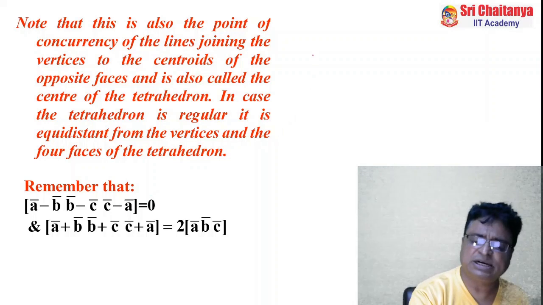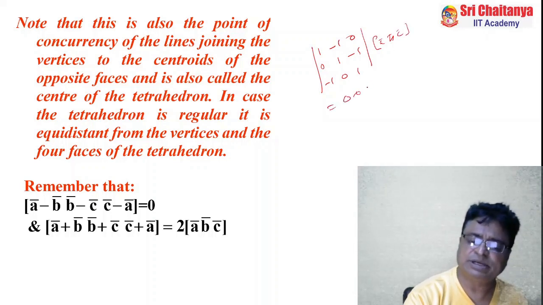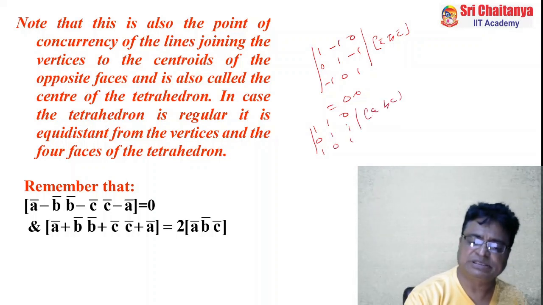In the first result, actually it is the determinant 1, minus 1, 0, 0, 1, minus 1, minus 1, 0, 1 into box A bar, B bar, C bar. But this is 0, and 0 into something is equal to 0. Whereas in the second one, this is 1, 1, 0, 0, 1, 1, 1, 0, 1 into box ABC. After simplification of this, you will get 2 into box ABC.